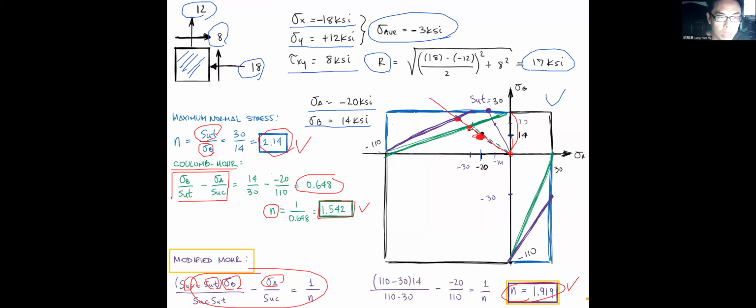If we use the modified Mohr criteria, we just find the ratio between this length divided by this length, and you get the safety factor. The same thing, if we use this length divided by this length, we get the safety factor by using the Coulomb-Mohr criteria.